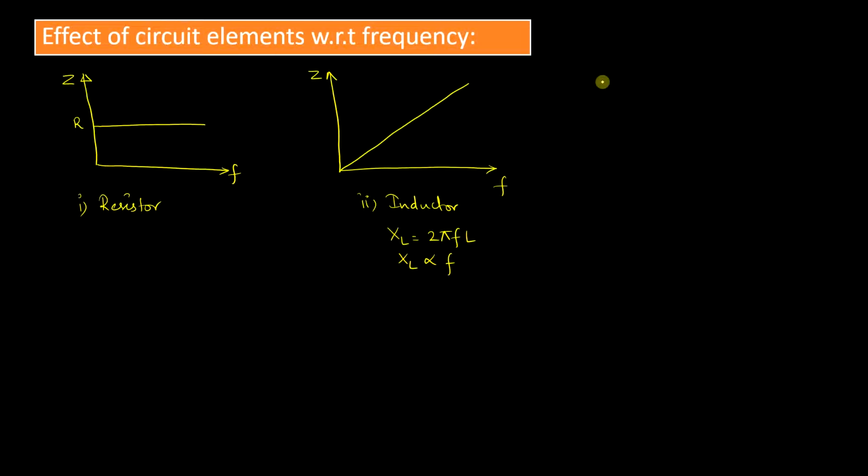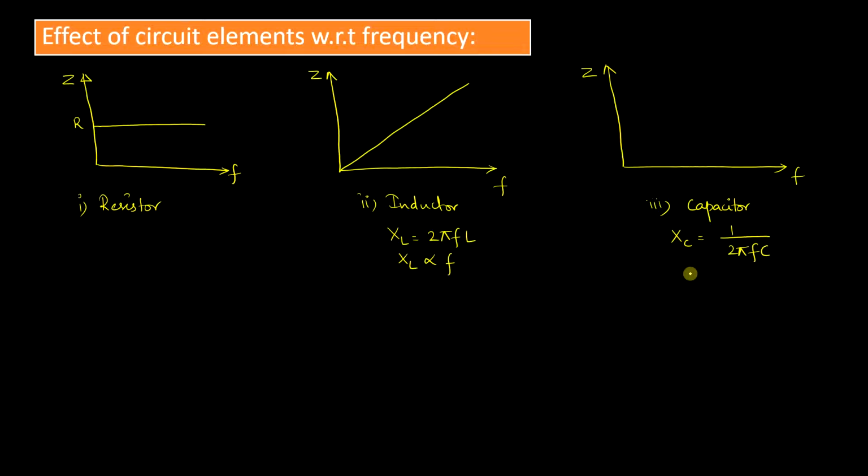Now for a capacitor, let us see what happens. This is the impedance versus frequency for the capacitor. For the capacitor, we have the capacitive reactance given by Xc equal to 1 by 2 pi f into C. So if you decrease the frequency here, the capacitive reactance is higher, and if you increase the frequency, the capacitive reactance is lower.